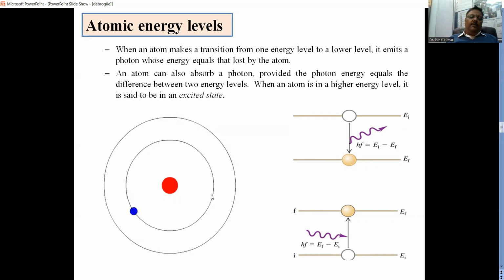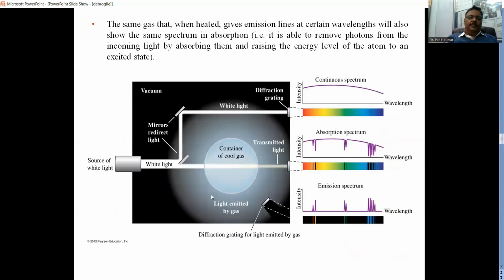If an electron is moving in a higher orbit, it will emit a photon and jump to the lower orbit, and the energy will be transferred to the photon. If the electron is in a lower orbit, it can absorb energy from a photon and move to the higher orbit. The energy absorbed is the energy difference between the two levels.